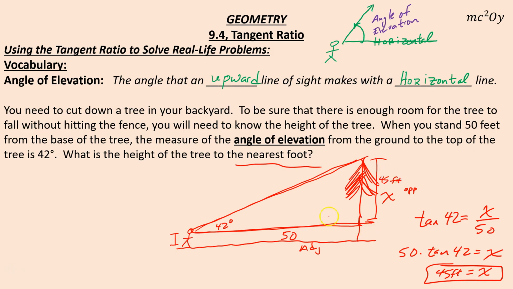So if it's 6 feet from my eye level to the ground, I'd have to add on another 6 feet. Now, like I said, the textbook isn't having us do that, but that's a more realistic scenario, and that would be 45 plus 6, or 51 feet, if you're adding on the height of the person.